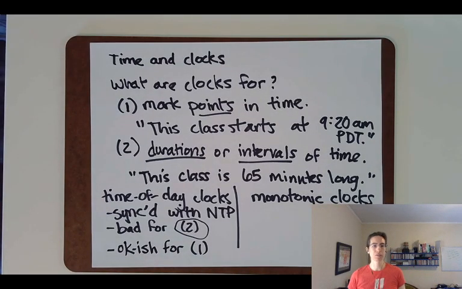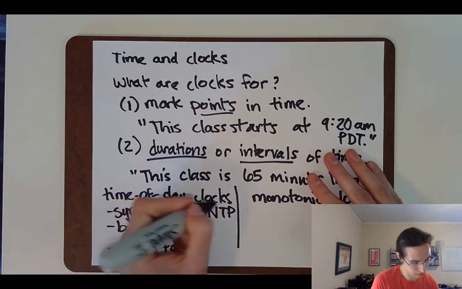And the reason why it's only okay is because, again, clock synchronization is only so good. And we might need some more fine-grained resolution to prevent certain kinds of bugs. We'll talk more about why that's true soon. So those are time of day clocks.